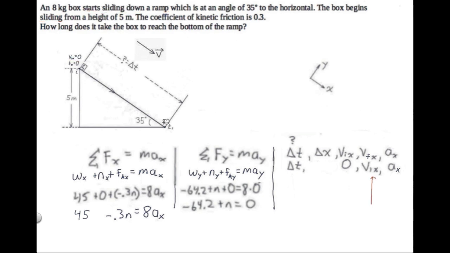We've decided that our final point in time is time 1. So for v final x, we can use this slightly more specific symbol, v sub 1x. And so far for a sub x, we have nothing more specific to use than the symbol a sub x. Remember that we expect to use a sub x as our connecting link between our kinematics framework and our Newton's second law framework. Now we have to do some work to determine delta x.